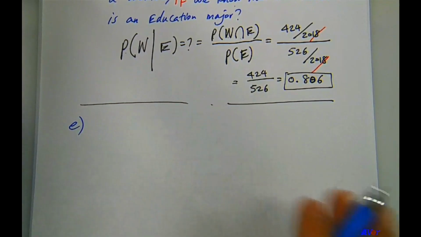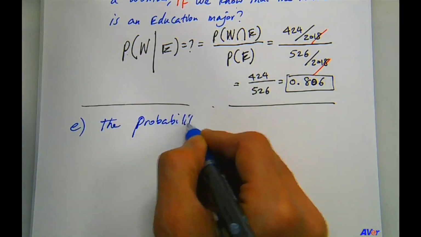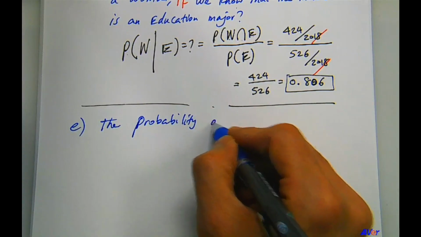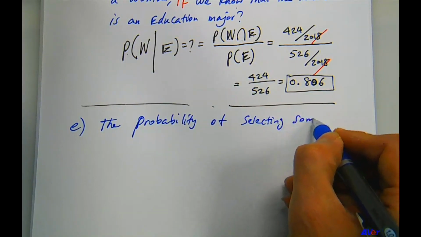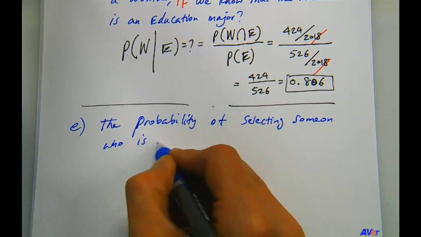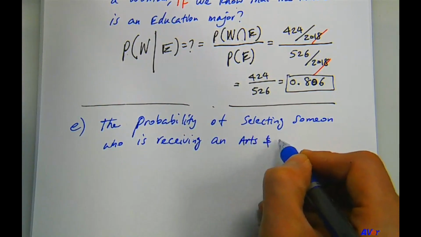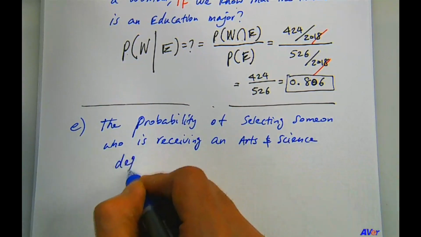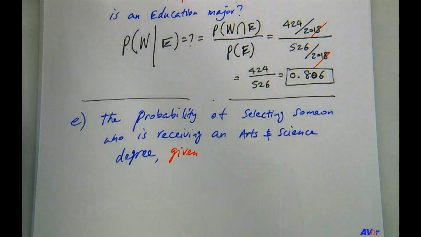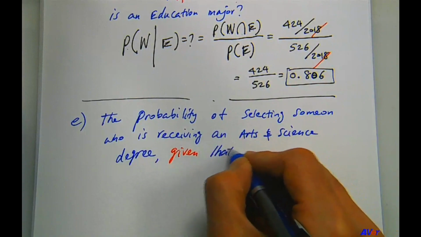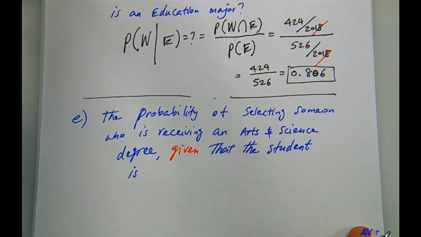Suppose we want to find the probability of an arts and science degree given that the student is a male.